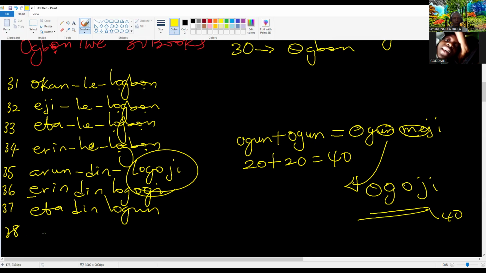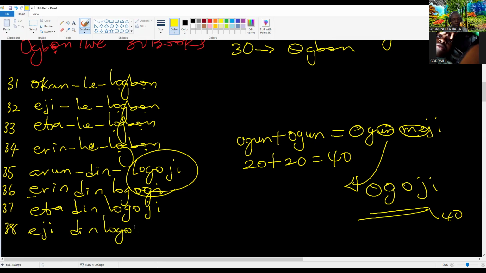Remain 2, AG, very good. AG, yeah? The logo. Logoji rather, I made a mistake in that one. So let me write it logoji, okay? Yes, sir. So 38 will be what? AG, the logoji, right? Then what about 39?